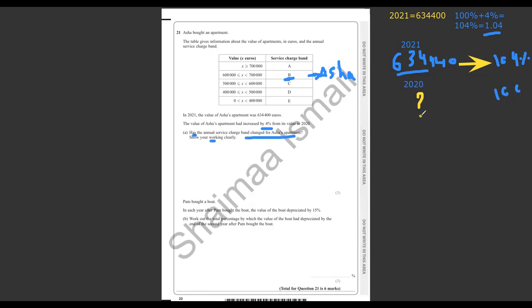Here we missed this part, we don't know how much. So we take 100% multiplied by 1, divided by 104%, which equals 1.04. So to get what she paid in 2020, we say it is equal to 634,400.